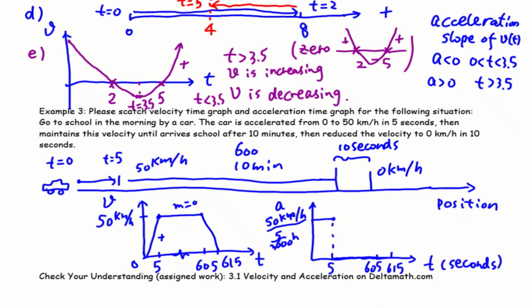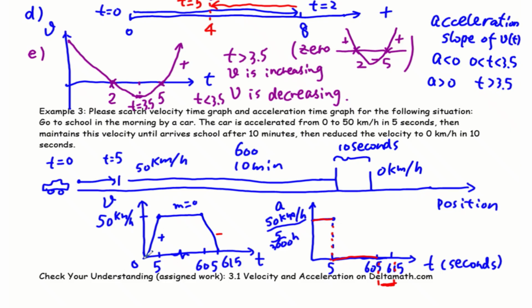So positive acceleration, 0 acceleration, then in the last part the slope is negative, so it's a negative acceleration. This is how you do the graph from the given situation.